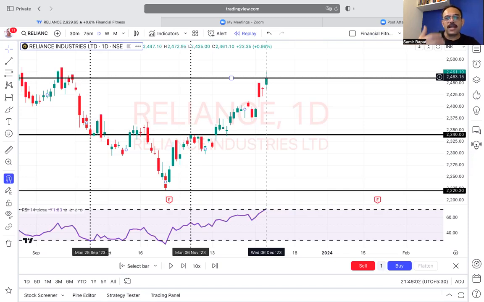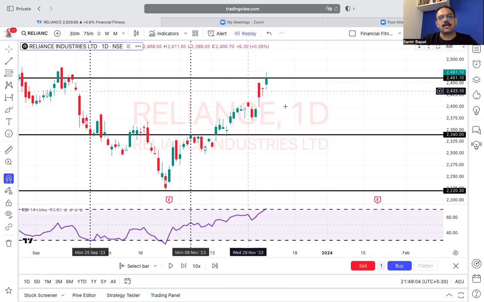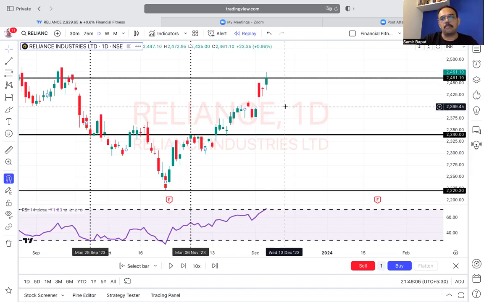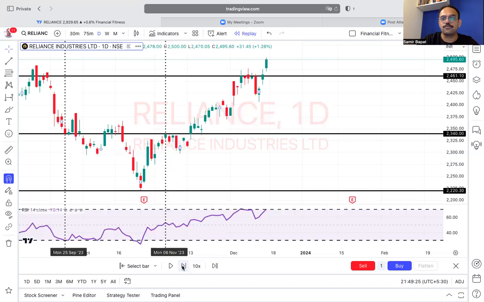Now, what happens is, sometimes it goes to overbought situation very fast. Okay. And we see after it has gone to overbought situation and we have exited, it might keep on going further up afterwards also.